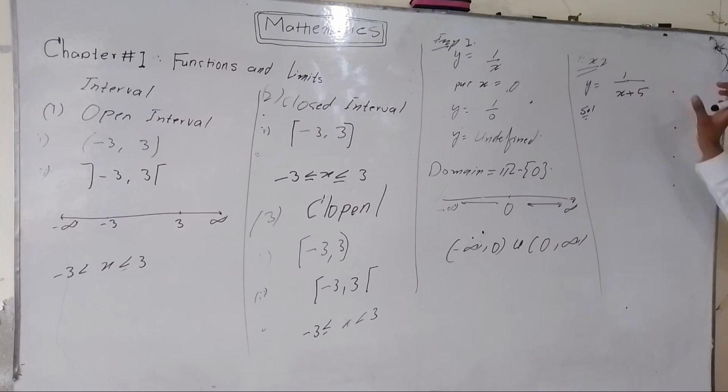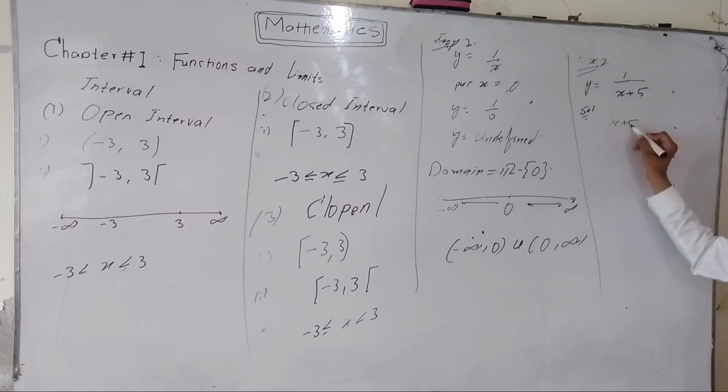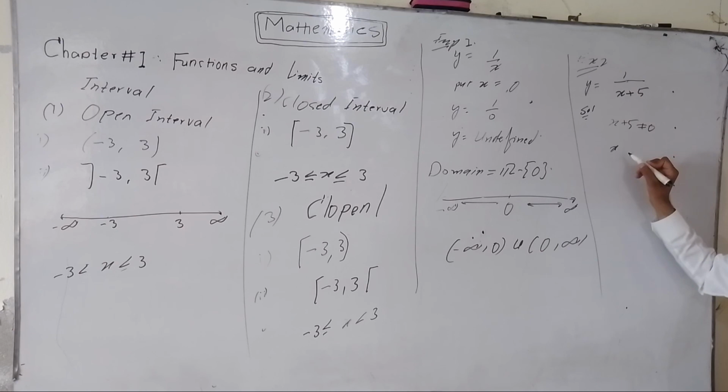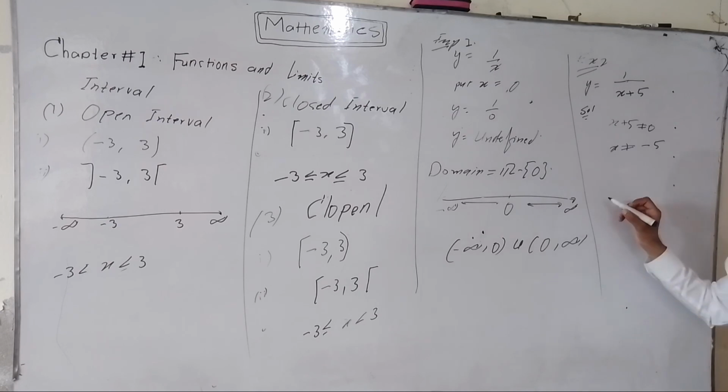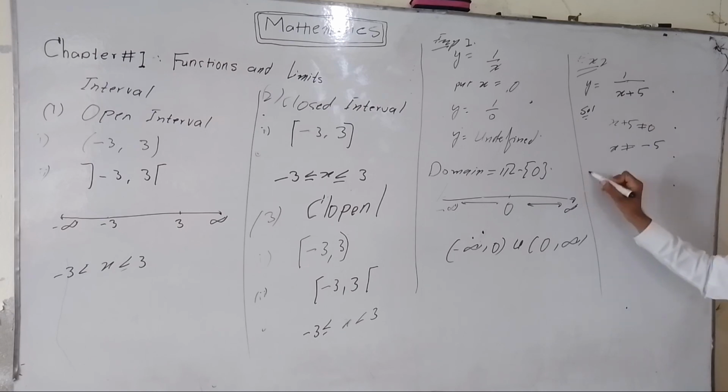First of all, take the denominator not equal to 0, x plus 5 not equal to 0. So x not equal to minus 5. So the domain is equal to all real numbers other than minus 5.